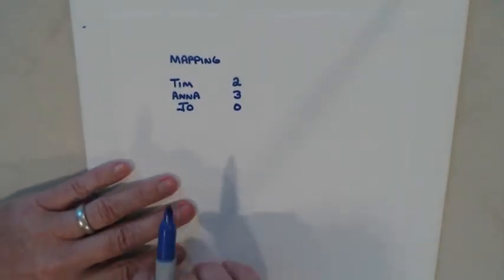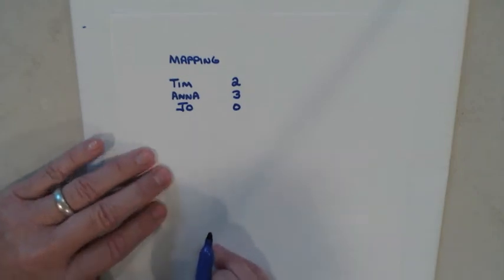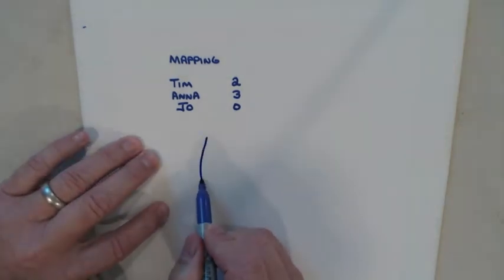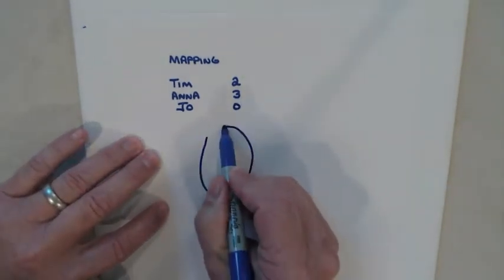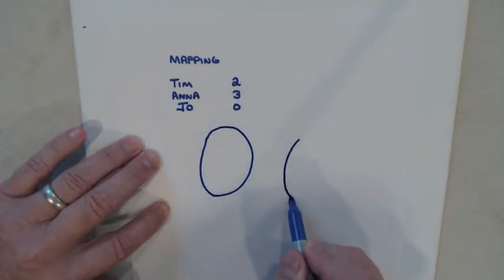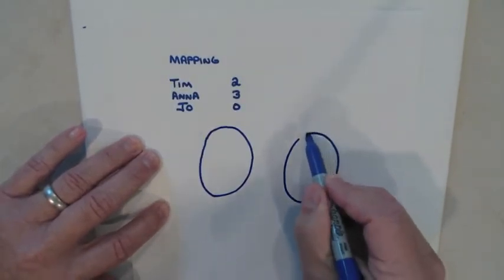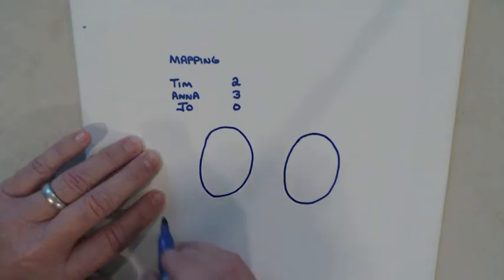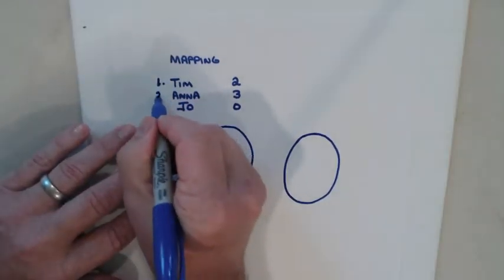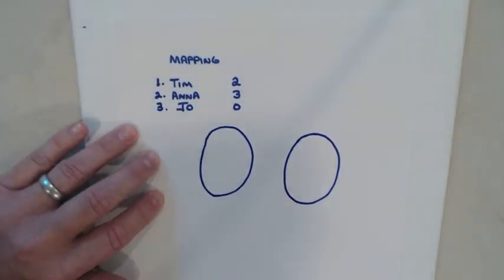Not only can you make it a table, we're going to go over how to take this information and create a mapping. To create a mapping, you make 2 circles. And the circles certainly don't have to be exact. Again, I'm going to assign these people numbers like this.